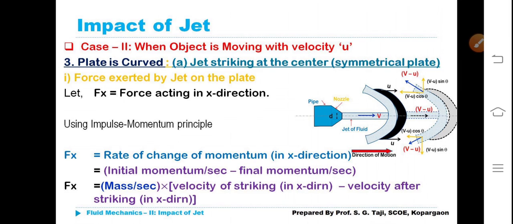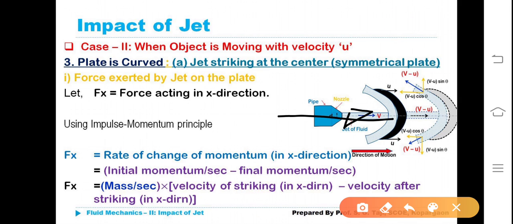Let us assume Fx is the force acting by the jet of the fluid in the x direction. Using the impulse momentum principle, we know Fx is equal to the rate of change of momentum in the x direction. That is nothing but initial momentum per second minus final momentum per second.